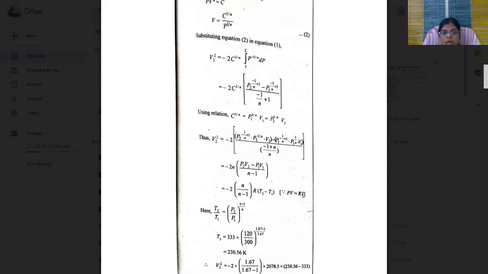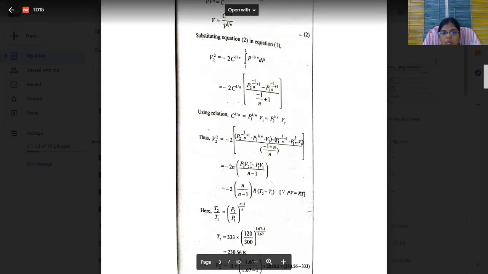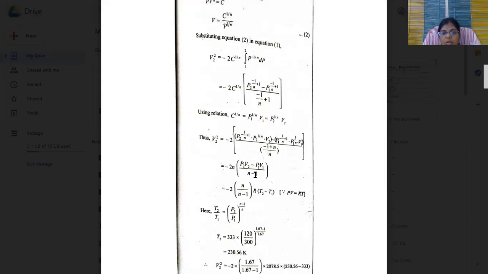Okay, PV equal to RT, so R is common, and we get R into (T2 minus T1).